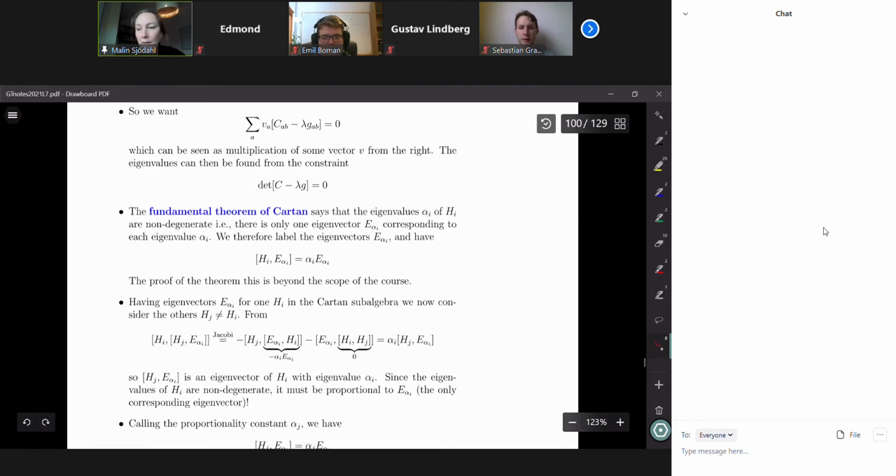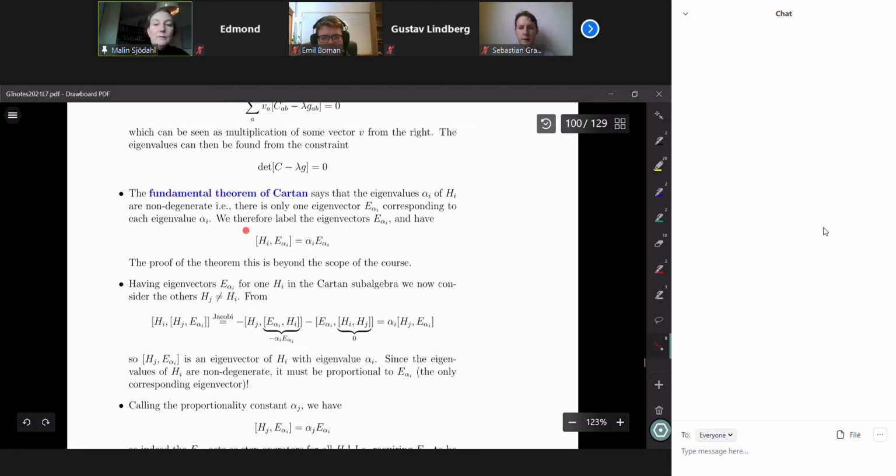And I just came to the fundamental theorem of Cartan, which says that the eigenvalues alpha_I of a given H_I are non-degenerate. That is, there is only one eigenvector, E_alpha_I, corresponding to each eigenvalue alpha_I. So the eigenvectors can be labeled by their eigenvalues, hence E_alpha_I.